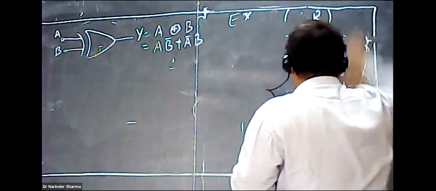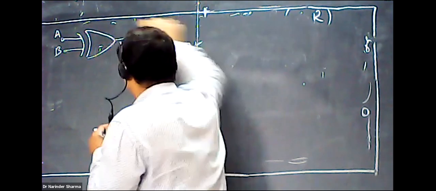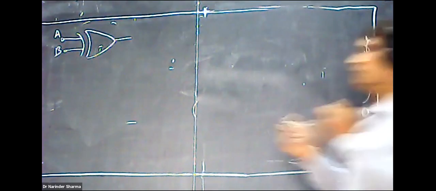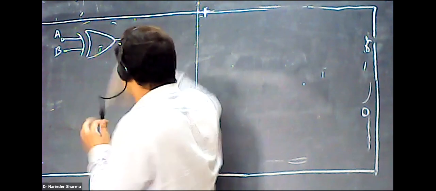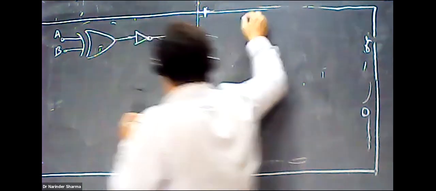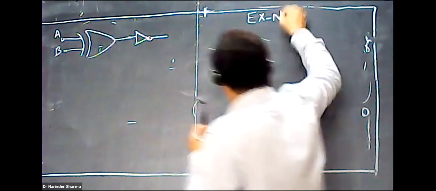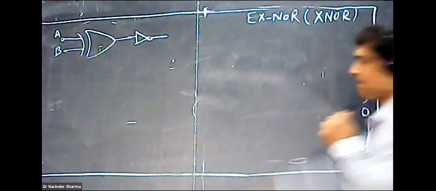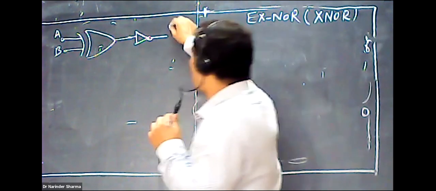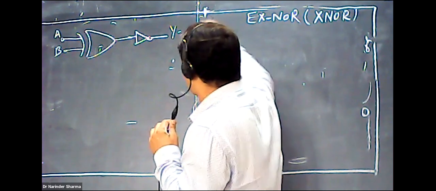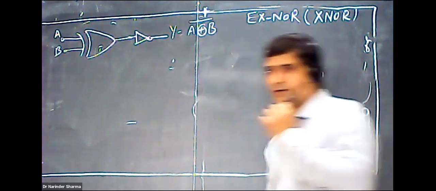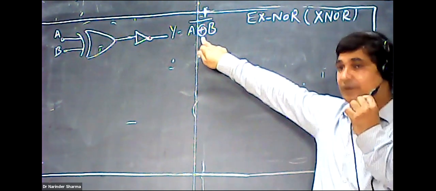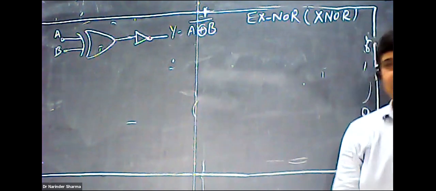XNOR gate, that is simply said as XOR plus NOT gate with it. It is also written as EXNOR. So output may be A XOR B with complement. This notation, I said that the plus in an encircled symbol is said to be XOR.